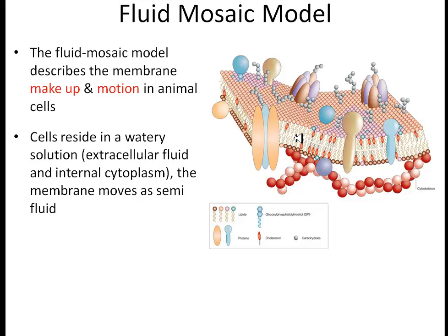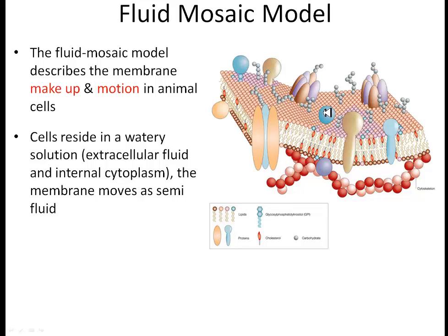And cells reside in a very watery solution, extracellular and intracellular. So we've got a cytoskeleton on the inside. This is probably one of those fibers or microfibers, which are going to actually help keep the cell's shape. And you can see we've got the phospholipids, which are these colored, crazy tailed things.